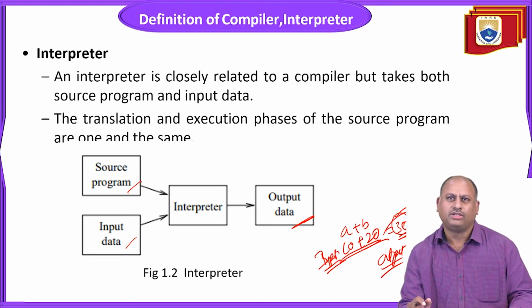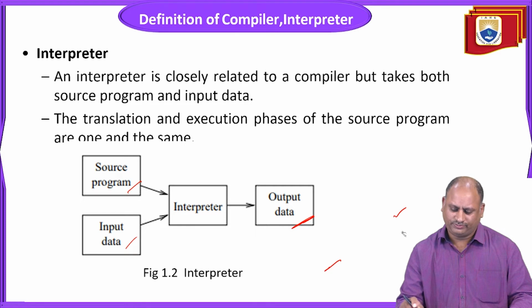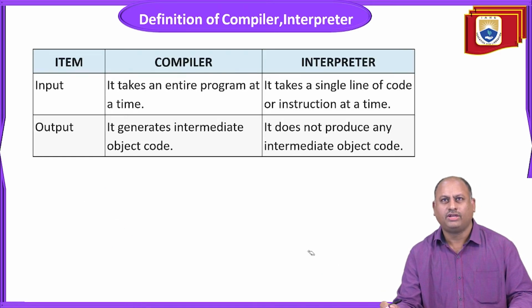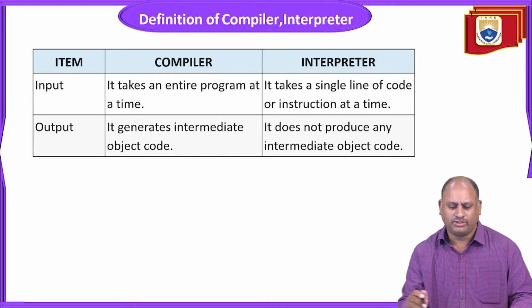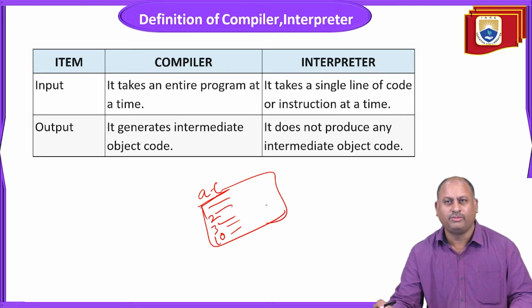So how the translation and execution phases are separated, what the differences are, we'll see that notation. For example, what is the input taken in the compilation process? Here the compiler takes the whole program, for example an A.C program, which contains several lines of code, 1, 2, 3, 4, like that 10 statements may be available.